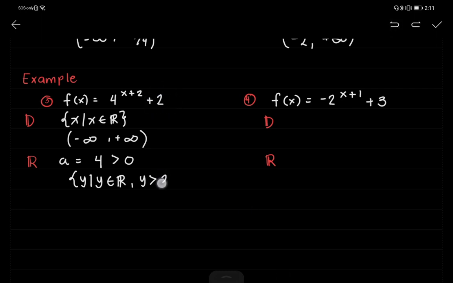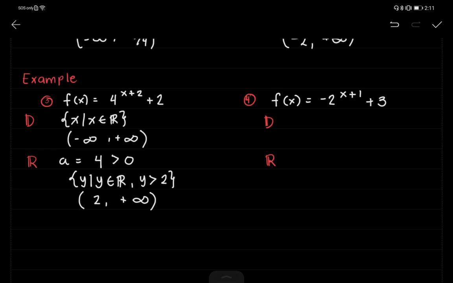So greater than 2. So this is our answer. Or we can express our answer in interval notation. So since this is greater than, pag greater than yan, ilagay mo muna yung ating horizontal asymptote. So this is 2 up to positive infinity. Okay? So this is the range.